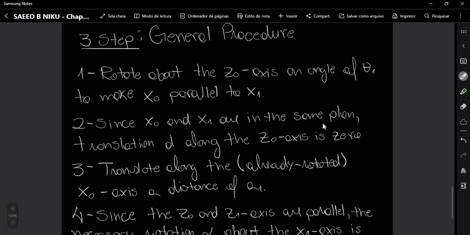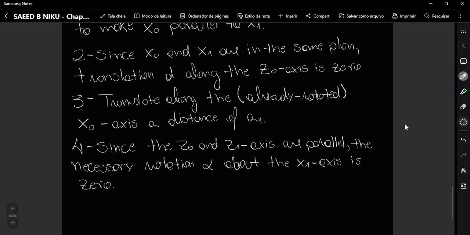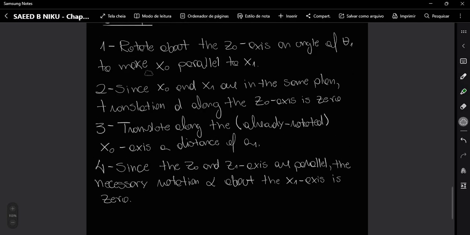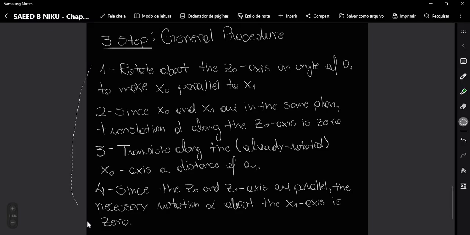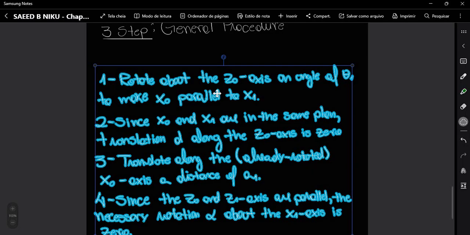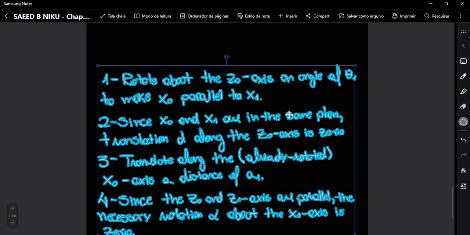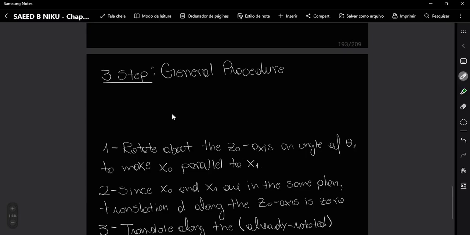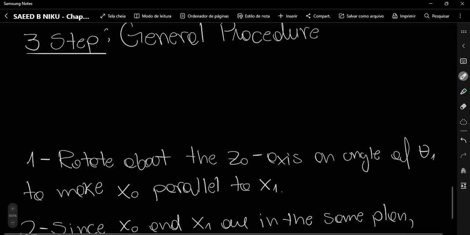This, which I'm calling the third step, is a procedure of four motions, a sequence of four motions that we need to do in order to accomplish a transformation from one frame to the other, between frames.